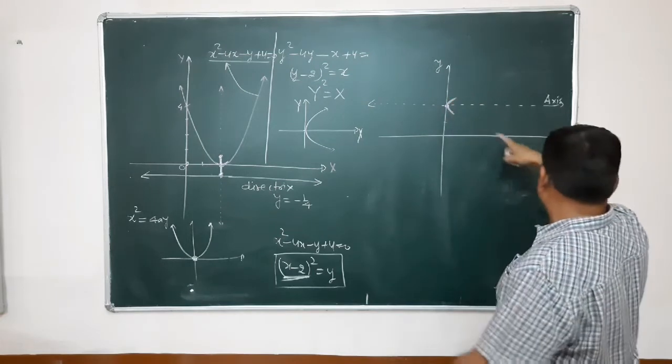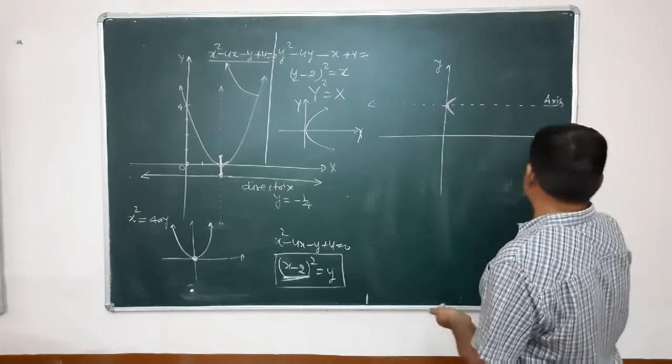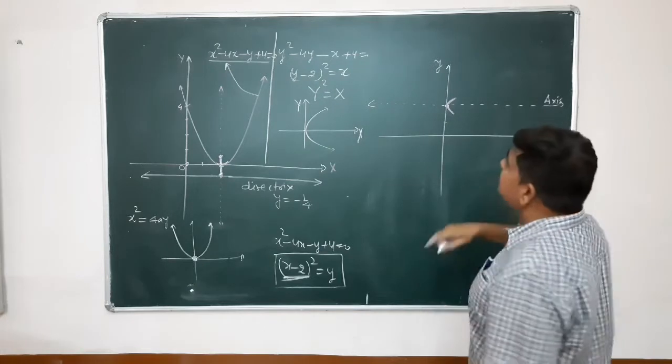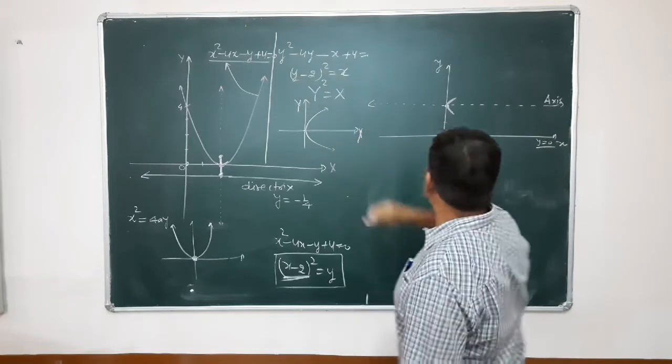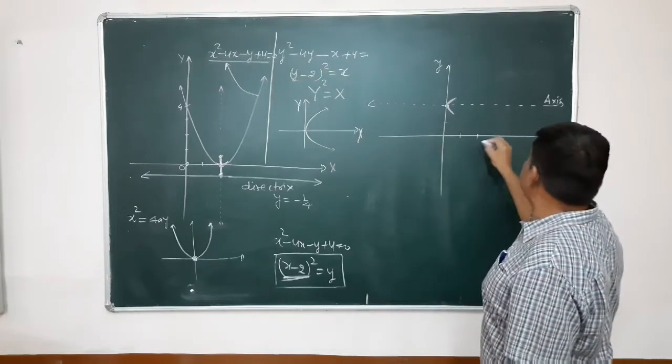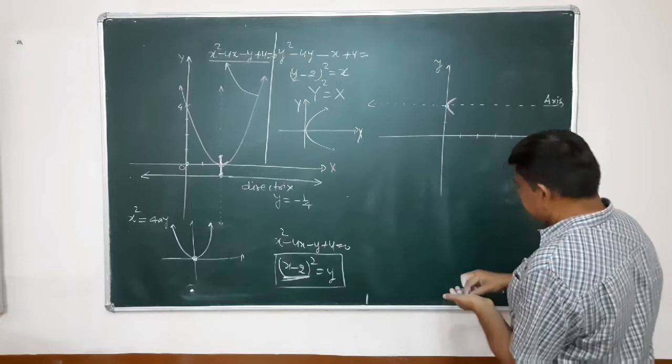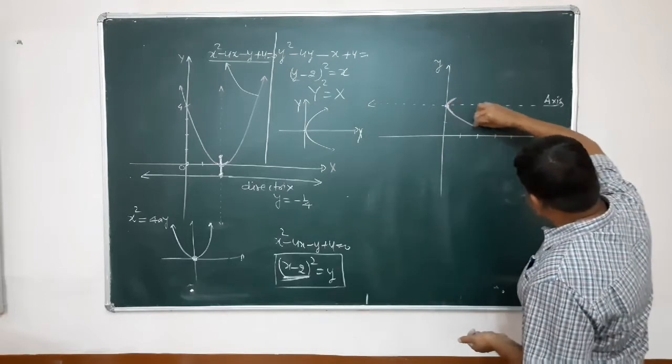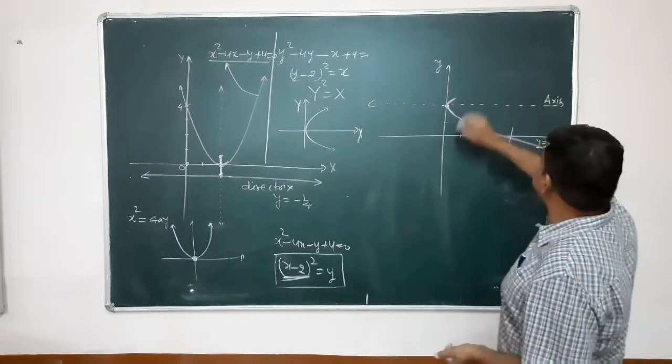Now this will intersect the x-axis, and its equation is y equals to 0. So if you put y equals to 0, then you find x equals to 4. 1, 2, 3, 4.